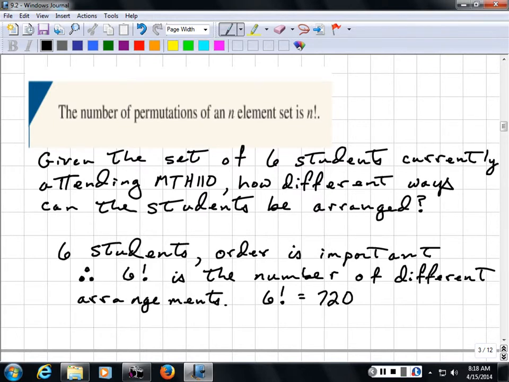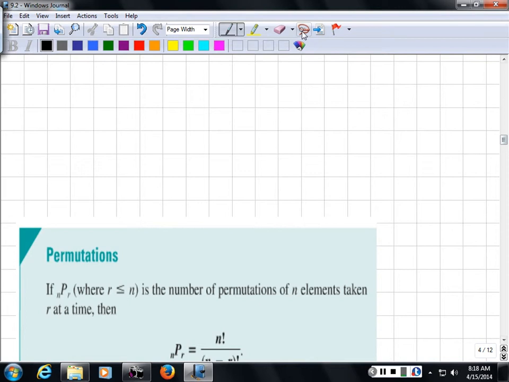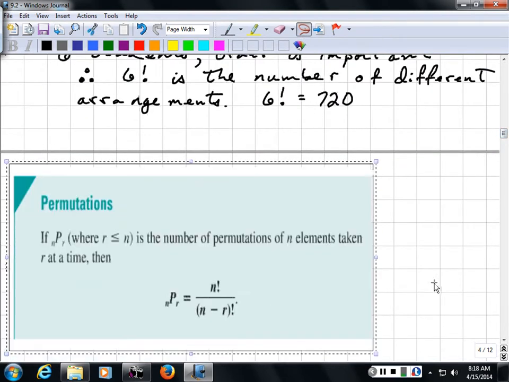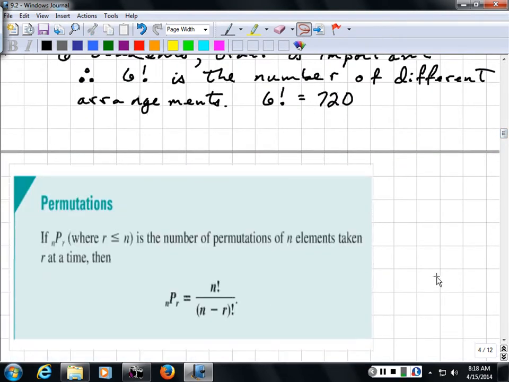Okay? Now, there are going to be times where I don't want to select every single element in the set. Sometimes I may only want to select a certain number of elements. For example, there are 6 of you. Let's say I only want to pick 3 of you and arrange you in different orders. How many different ways can I do that?